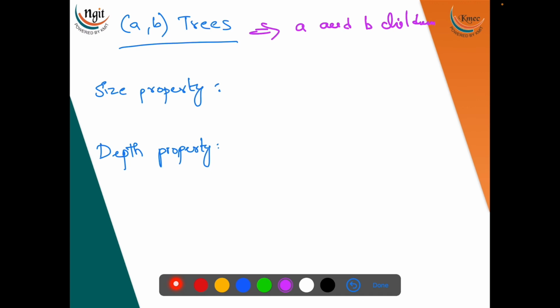Whereas in the other trees we were talking about in the previous slide, a node uses at most 2 children, or there are many constraints from one data structure to another. But as far as (a, b) trees are concerned, each node has between A and B children and stores between A minus 1 and B minus 1 items, where A and B are integers.